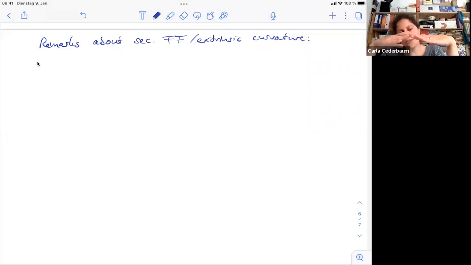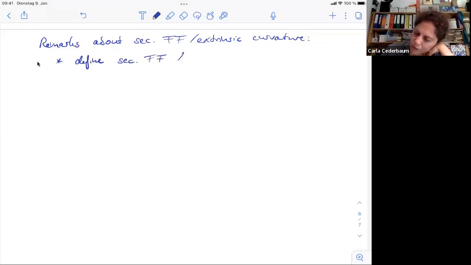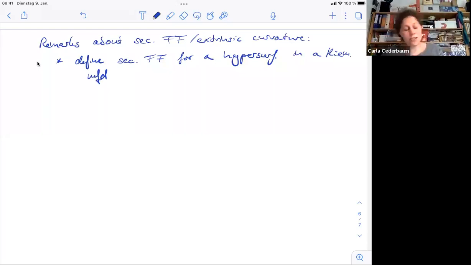But you can also define the second fundamental form of any hypersurface in any Riemannian or actually semi-Riemannian manifold, and even with codimension 2 or higher codimension. So I can define the second fundamental form for a hypersurface in a Riemannian manifold with the same formula for its definition. So again, the rate of change of the normal vector in tangential directions.